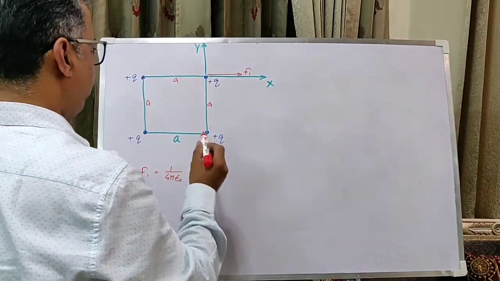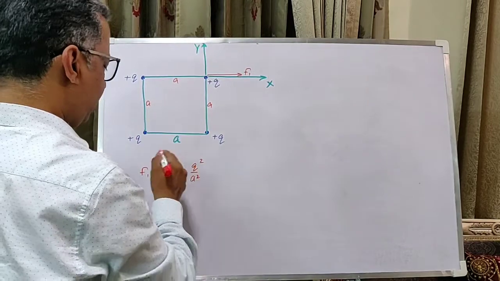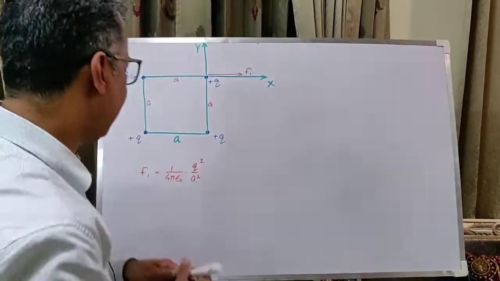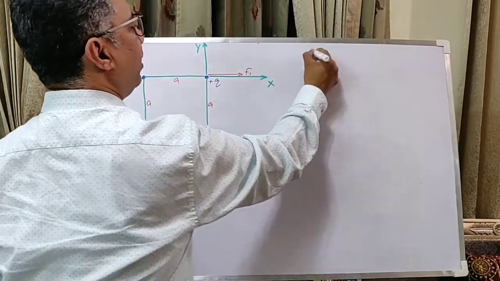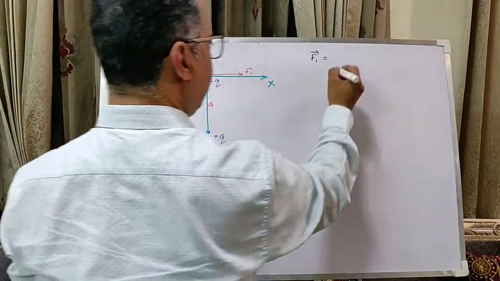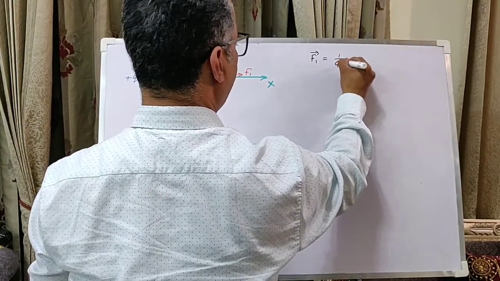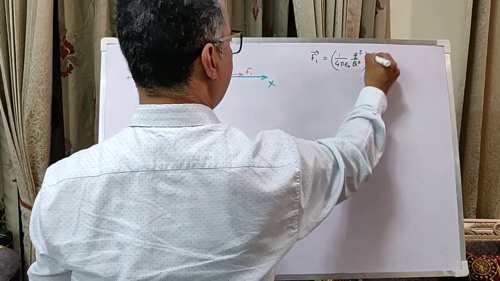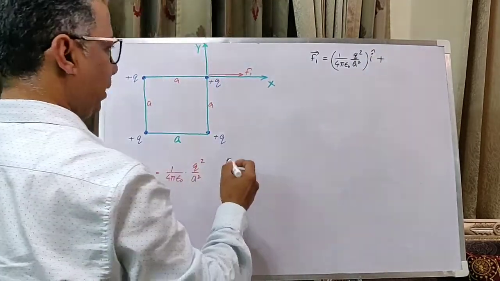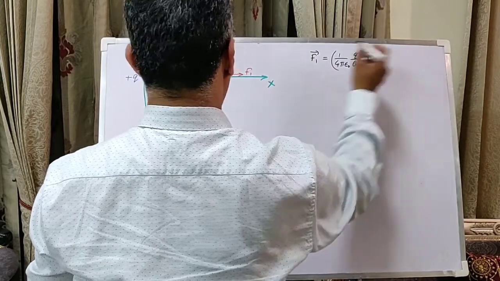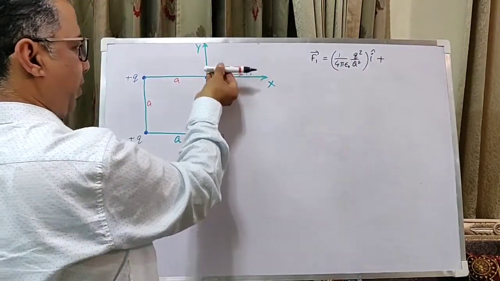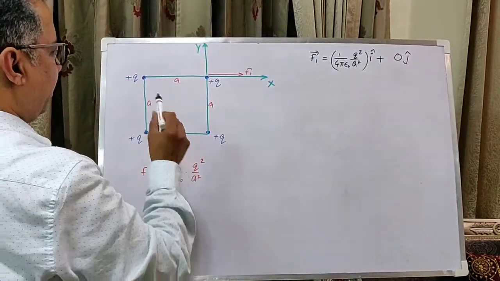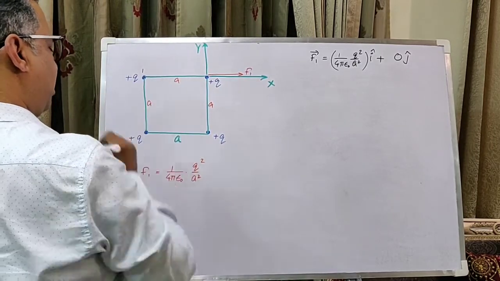Expressed vectorially, F1 equals 1 by 4 pi epsilon naught q square by a square times i cap, plus, since this force is in the x-axis direction, its y component is 0, so 0 j cap. Now this was due to charge 1.